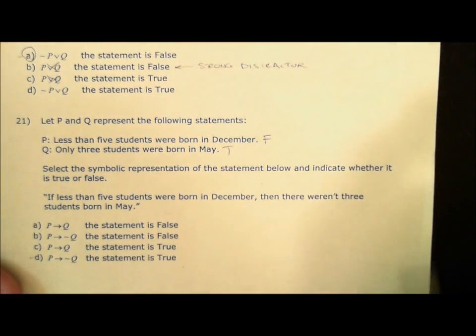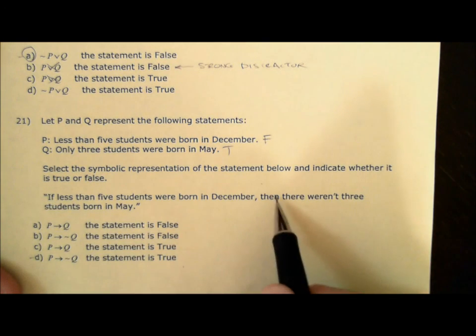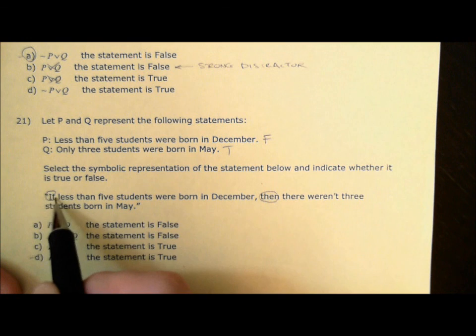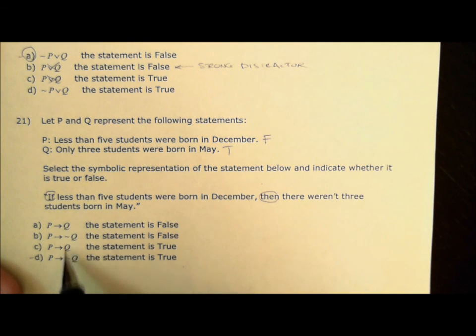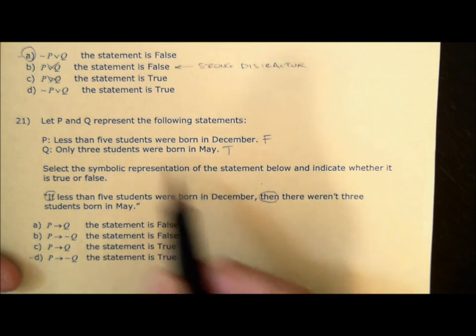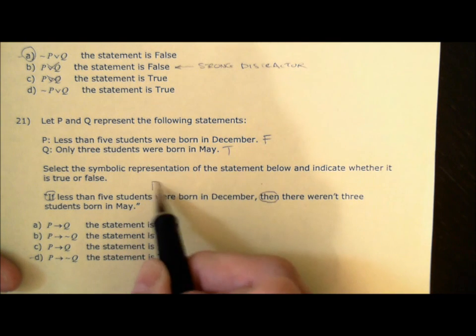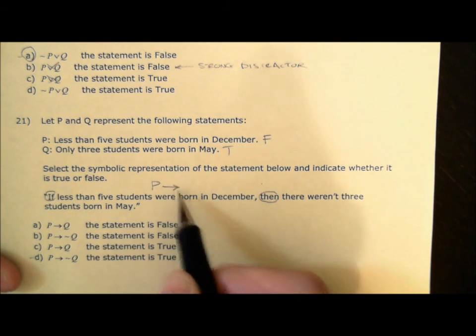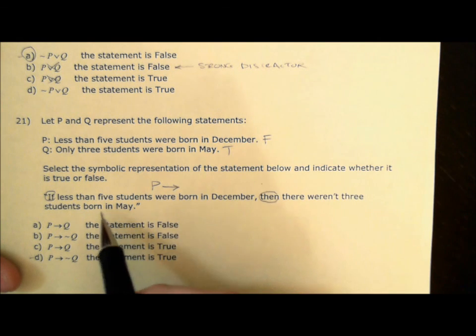And 21, if then, so we have an implication. So all of these are implications. If less than 5 students were born in December, so that's certainly P, implies there weren't 3 students born in May.